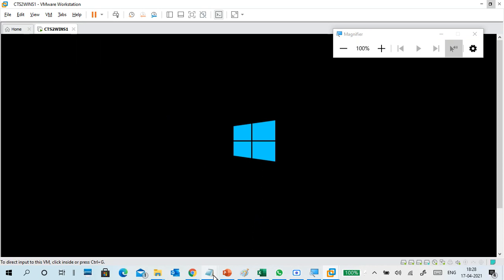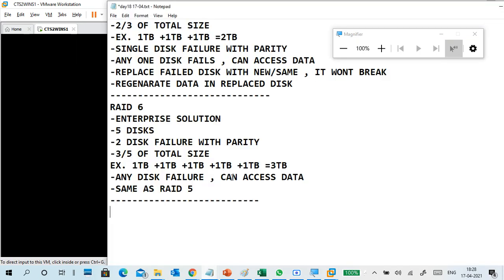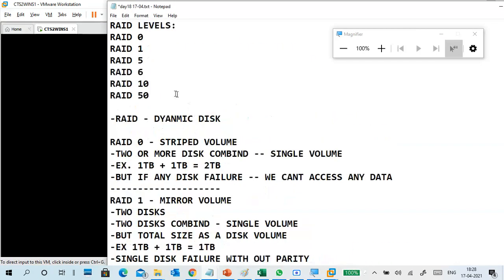Okay, guys, anybody having any doubts in RAID, please tell me now. So RAID 0, RAID 1, RAID 5, and RAID 2, 3, 4, 7, 8, 9, like this. RAIDs are there, but not used in real-time solutions.